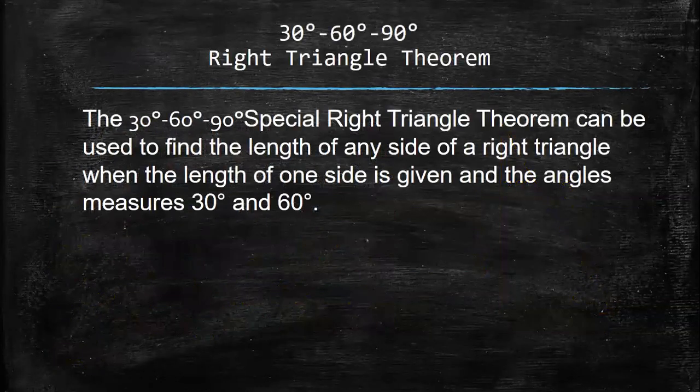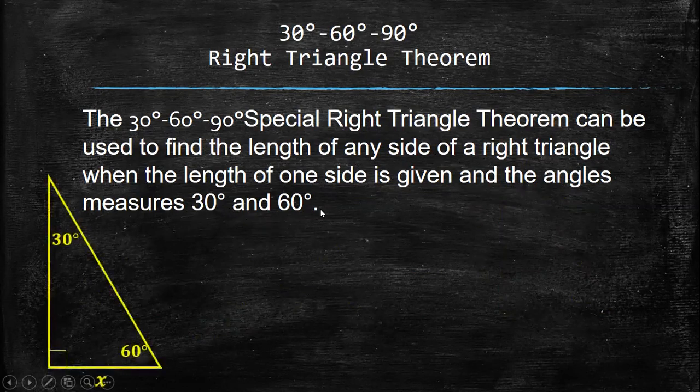The 30-60-90 special right triangle theorem can be used to find the length of any side of a right triangle when the length of one side is given and the angle measures are 30 degrees and 60 degrees. So, to find the shorter side, we take the longer side over square root of 3.